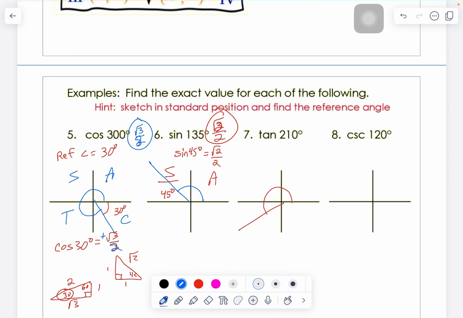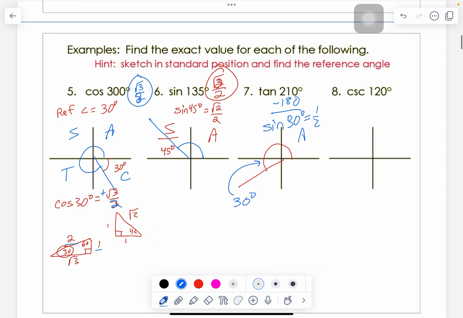210, I guess I switched colors right here, but I need that reference angle in there, so I'm going to take 180 away from 210, and it works out to be 30. The sine would be 1/2. So if I took the sine of 30, it's 1/2.